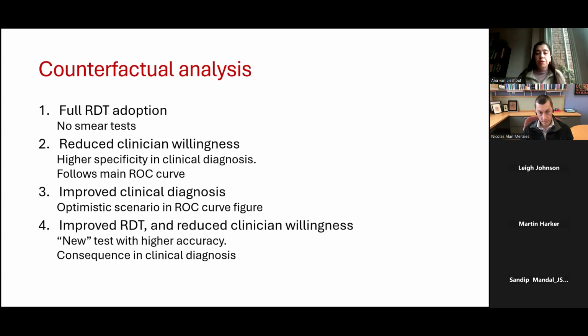And the last counterfactual we considered is a hypothetical new test being developed that has a higher specificity and sensitivity than the current RDTs, but that also means clinicians are probably less likely to diagnose their patients with TB because they trust the negative result a little more. So there is this consequence in clinical diagnosis.